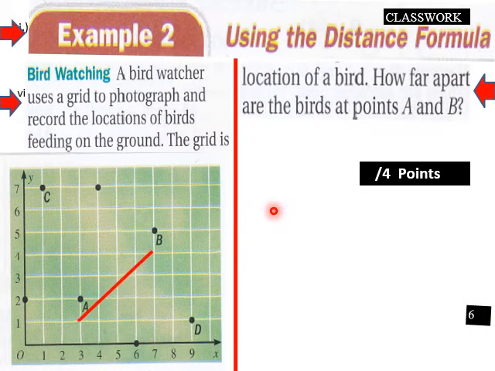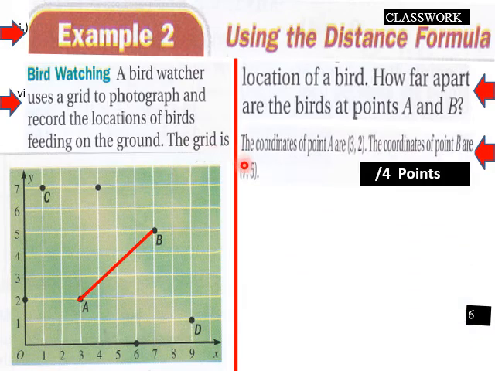Okay, now we have a more sophisticated problem. A bird watcher uses a grid to photograph and record the location of birds feeding on the ground. How far apart are the birds at points A and B? The coordinates of the points are 3, 2 and 7, 5.